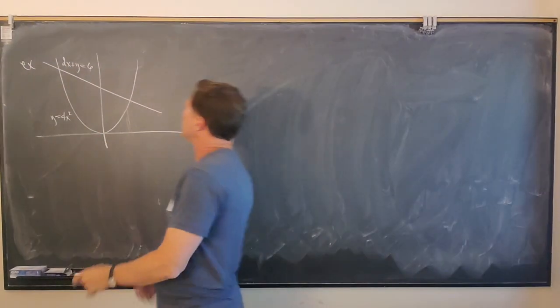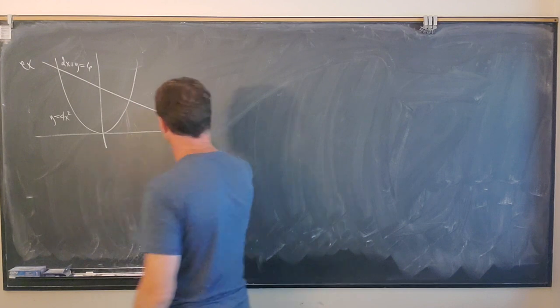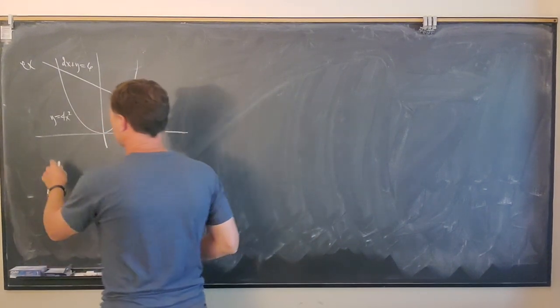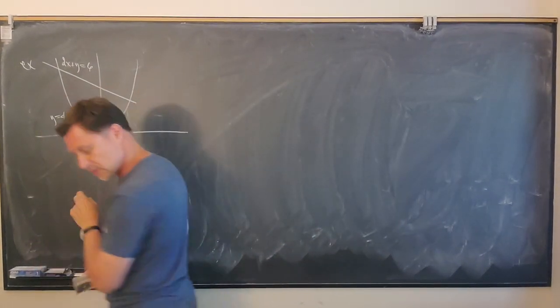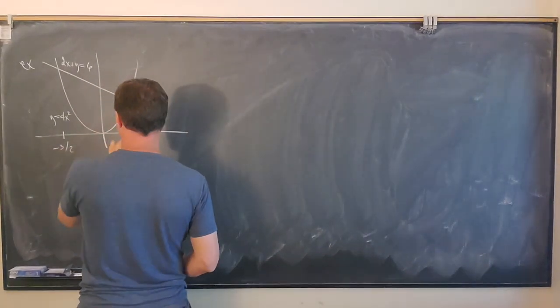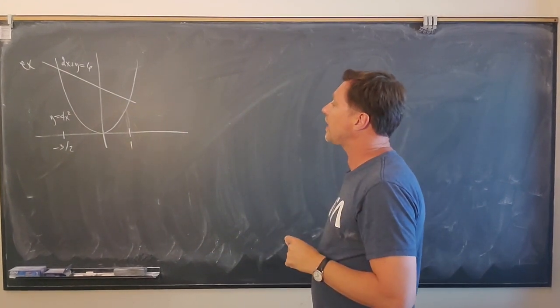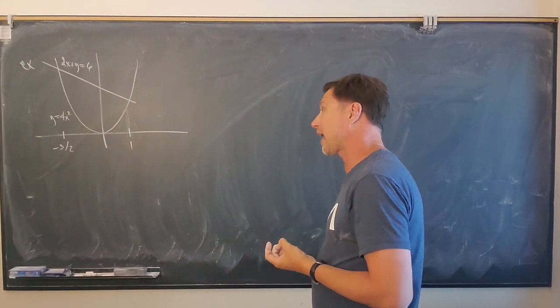Now, what I'd like to do is take this region and revolve it around a couple of different axes. And by the way, I computed the intersection points. That's a -3/2 there, and that's a +1.